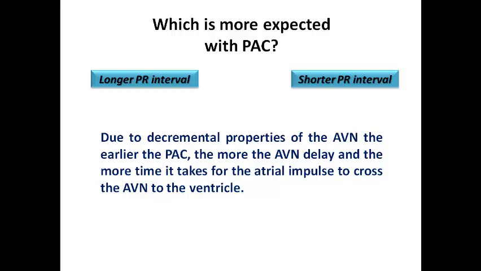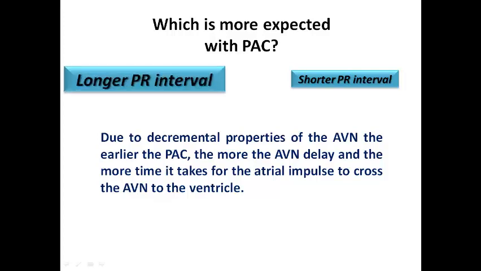This is also a physiological phenomenon, and it aims at protecting the ventricles from higher heart rates or extremely short coupling intervals. So here, the earlier the premature atrial impulse, the more delay it would be subjected to in the AV node.